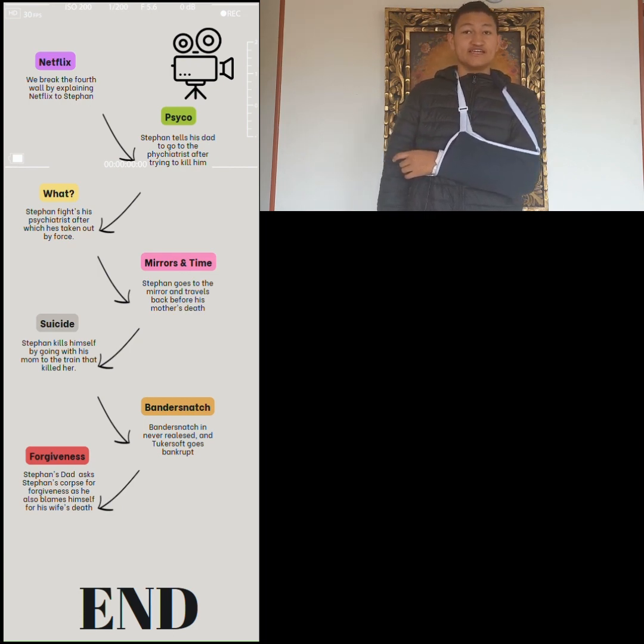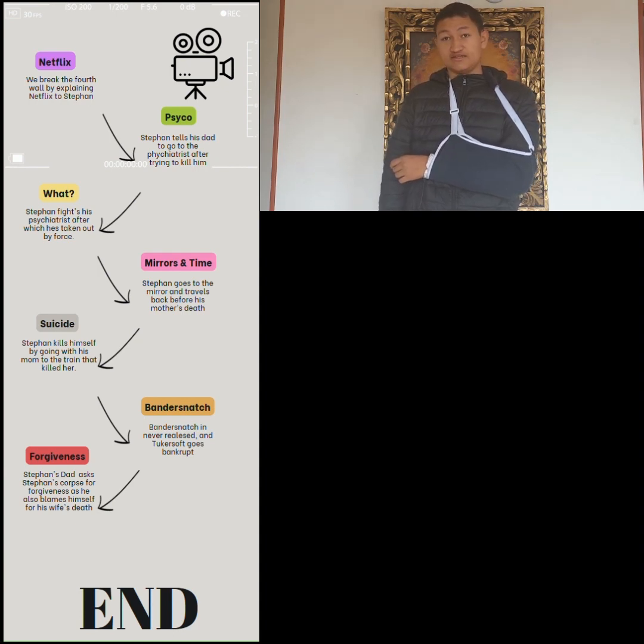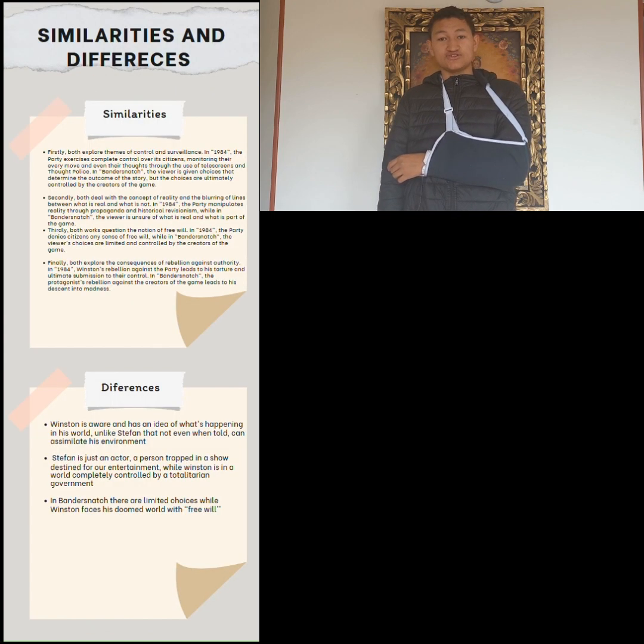In fact, he is happy about that. His father apologizes because he knows that Stefan blames him for his mother's death. He apologizes with his son's corpse, and he just dies, like he just falls asleep or something. He has no pulse, and the movie is over.